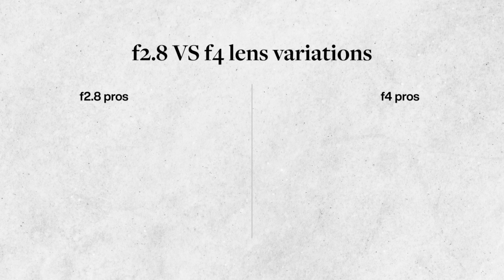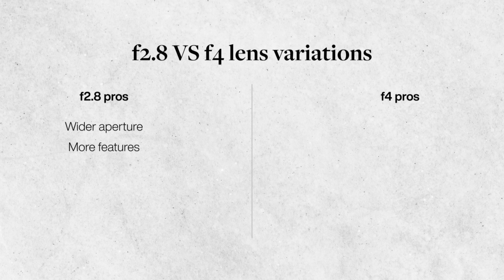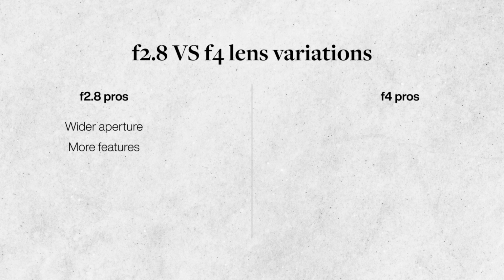The f2.8 versions of these lenses are usually the pro level versions of these lenses. And these lenses have a wider aperture, which allows for one stop more of light than the f4 version. They also usually have nice things like weather sealing and clickable aperture rings and custom buttons and all of that jazz.